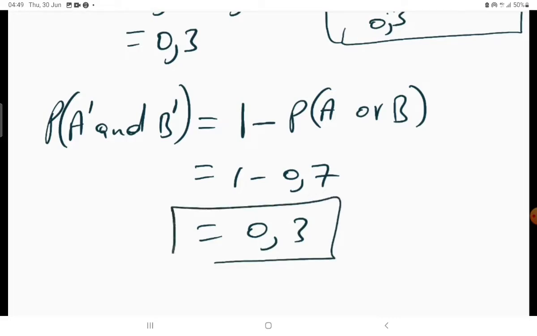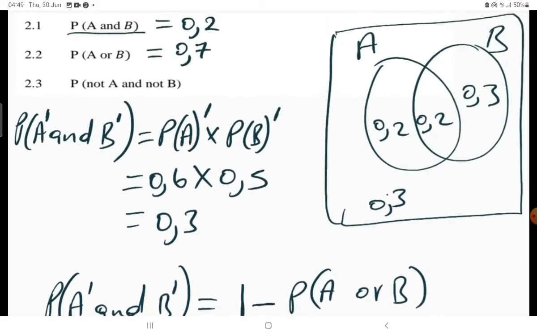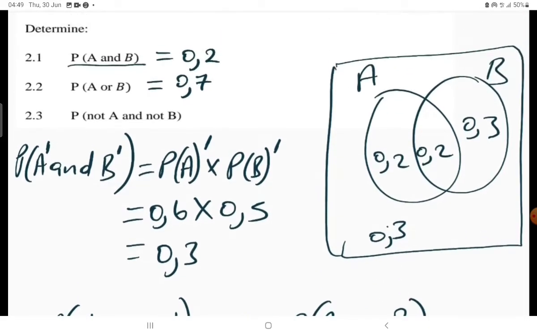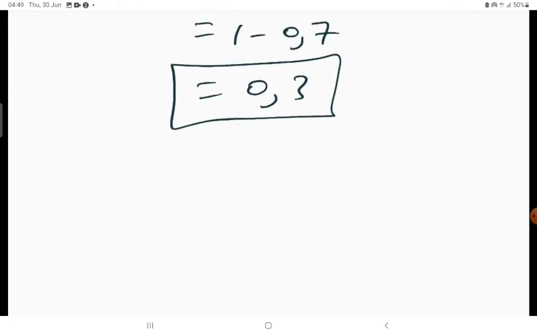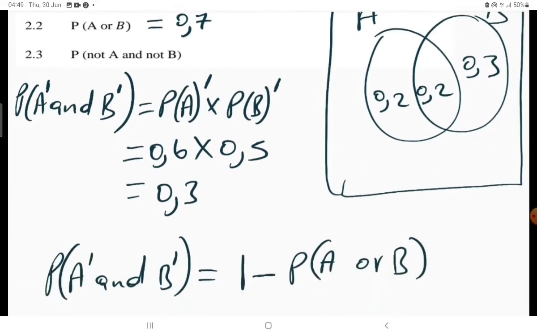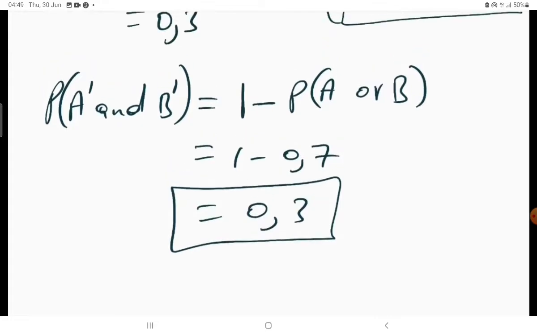So this is another way of approaching it if you really don't want to use a Venn diagram. That means it is the region outside these two events, which is this 0.3. So it is done. Let's move to the next question.